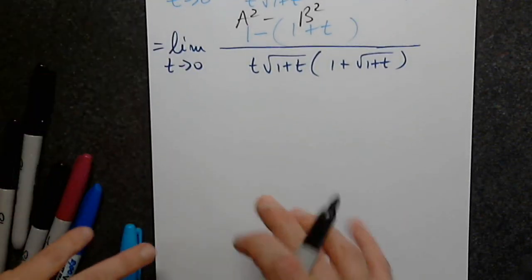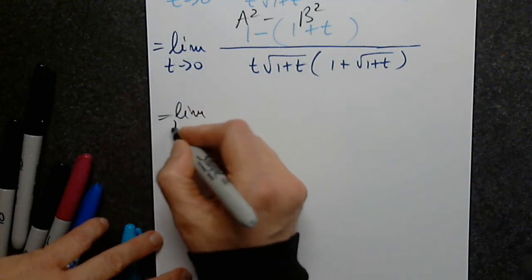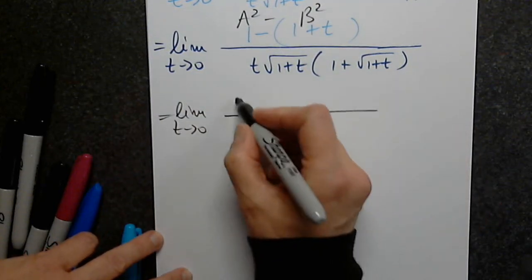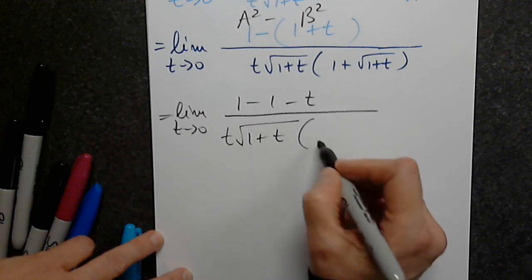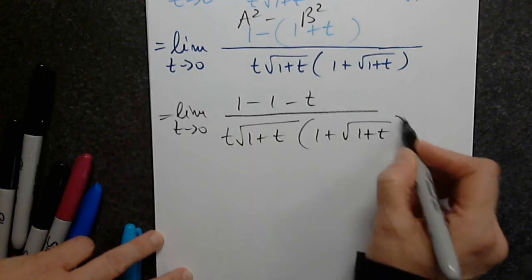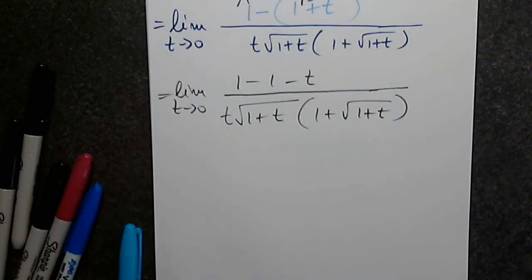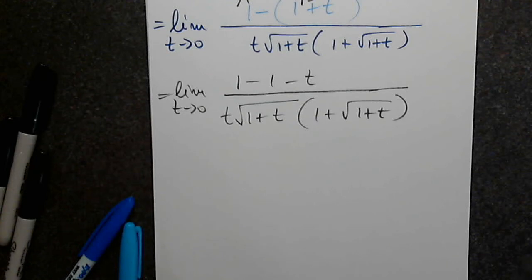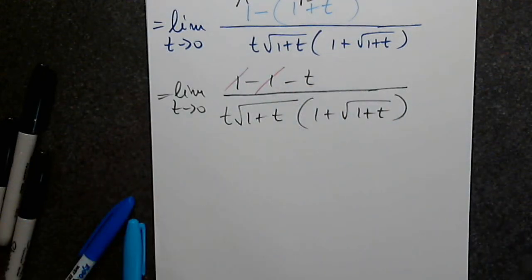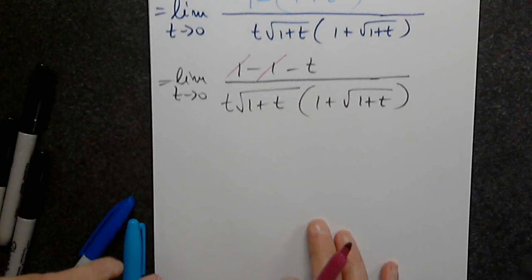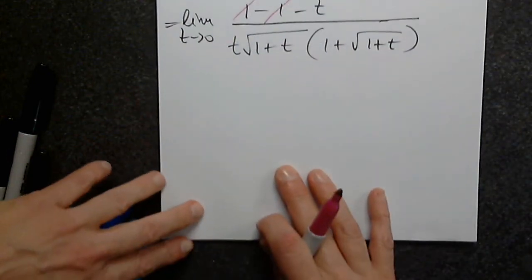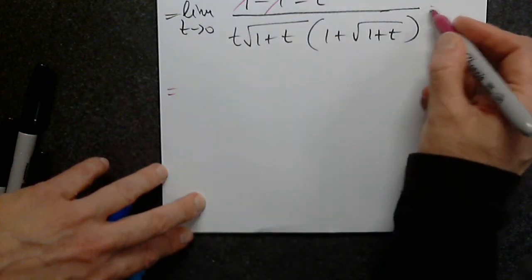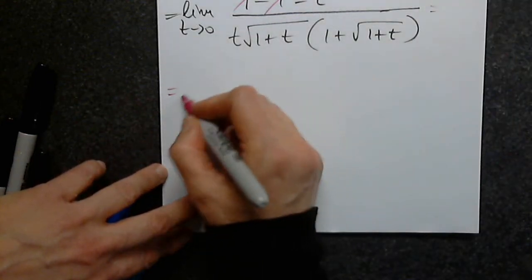Yes? Okay, so then we have the limit as t approaches 0. The numerator is 1 minus t, and the denominator is this. What happens next? 1 times -1 is... I'm going to write it one more time for you to see what's happening here.